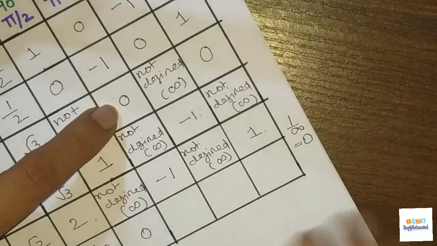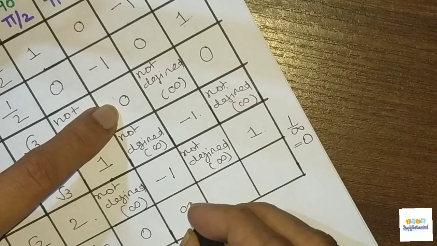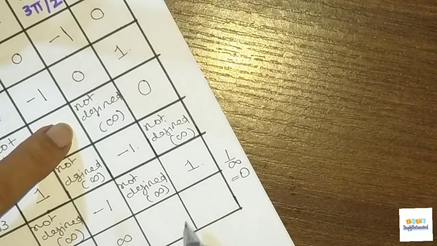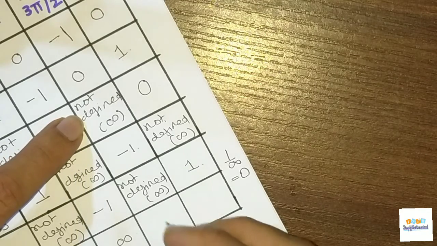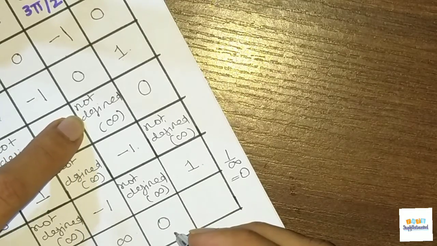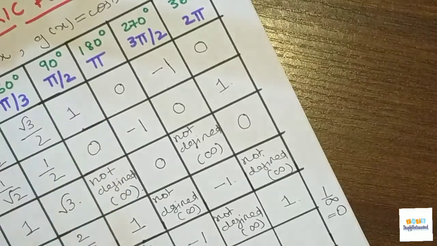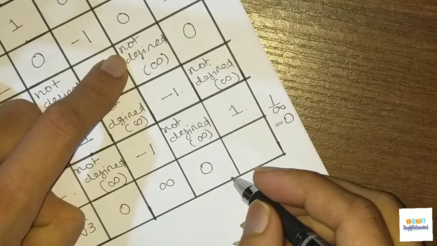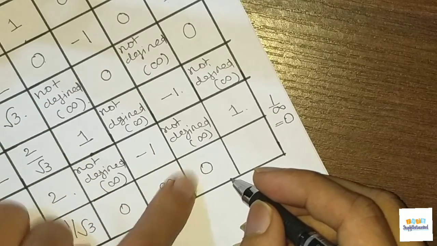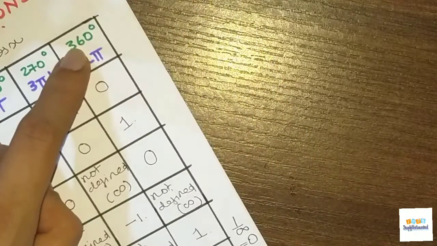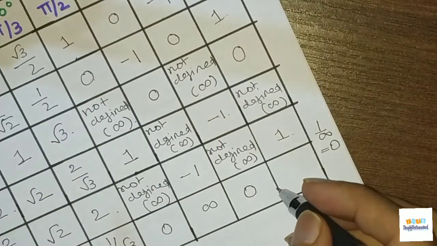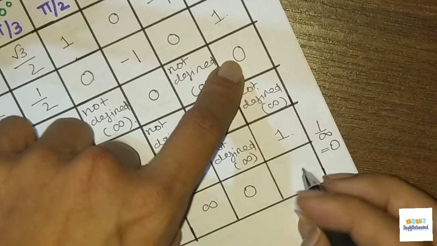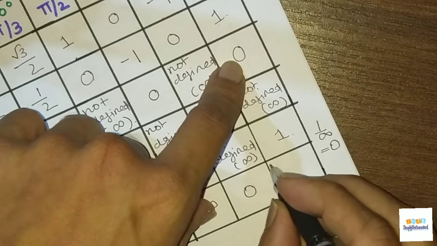Okay, then the reciprocal of this will be infinity, that is not defined, right? Then reciprocal of this will be again 0, right? Reciprocal of infinity, that is 0, which is nothing but cot of 270. Then cot of 360 is nothing but reciprocal of tan of 360, which is 0, so which is nothing but not defined.